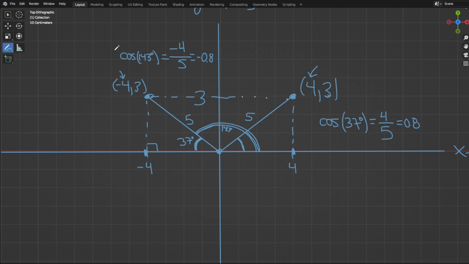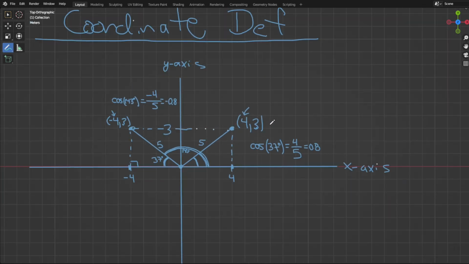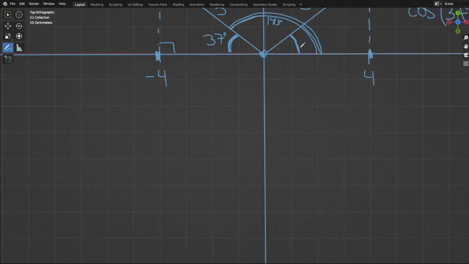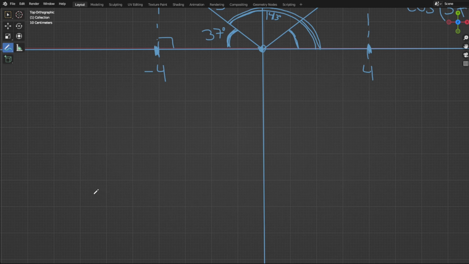So if we use this definition, then we could use it for any coordinate point in this x-axis, y-axis plane. So for example, if we chose something random here, the distance to it, we can measure it out and we'll find it to be some value.